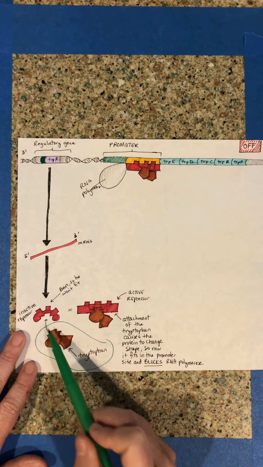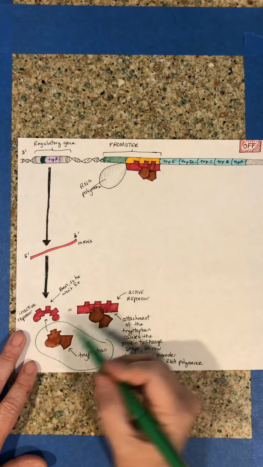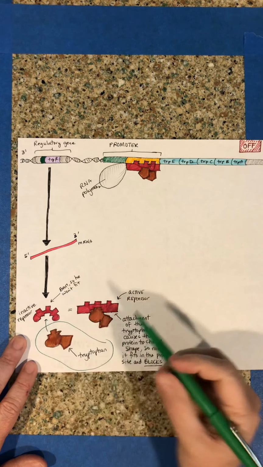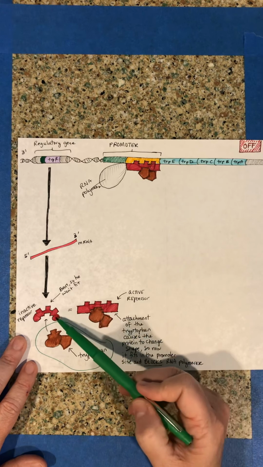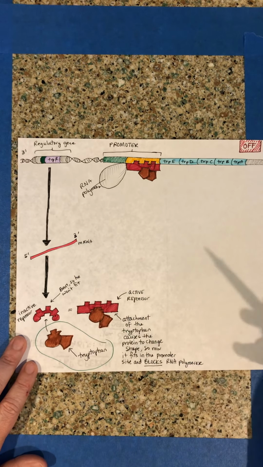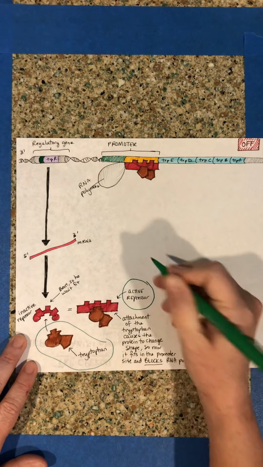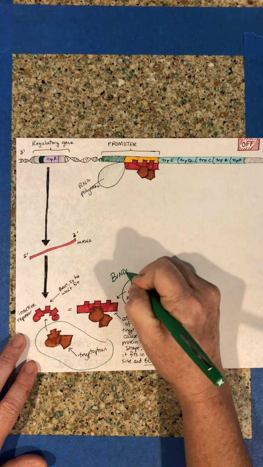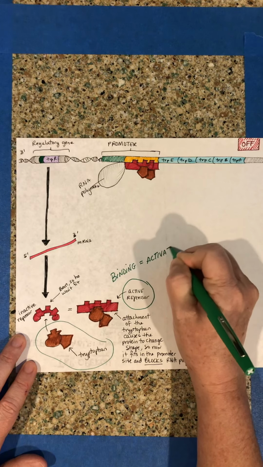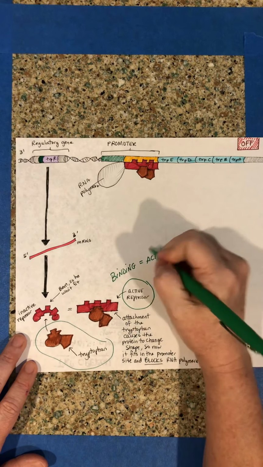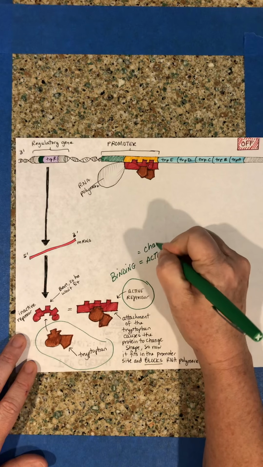And if there's an excess and it's not being used, then it will actually bind to the repressor protein. And when it binds, anything binding to a protein changes its shape.